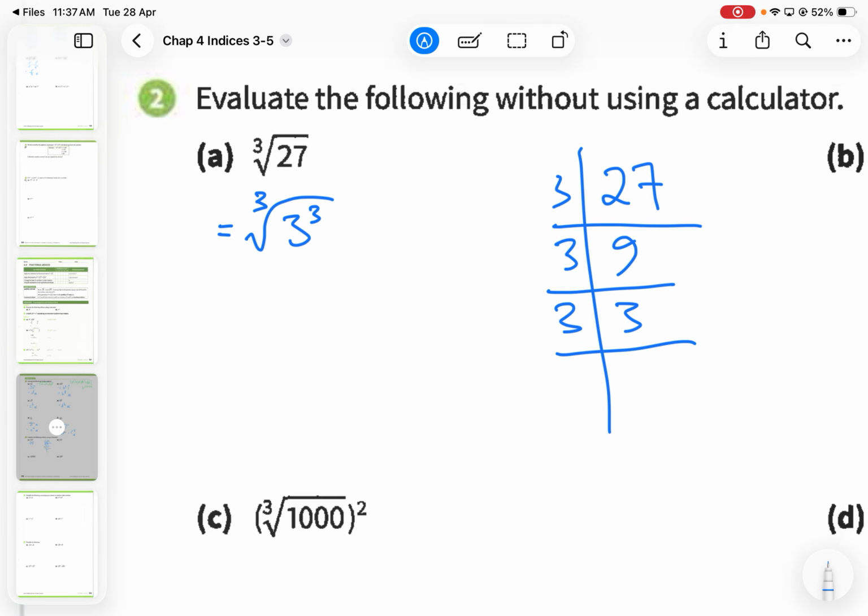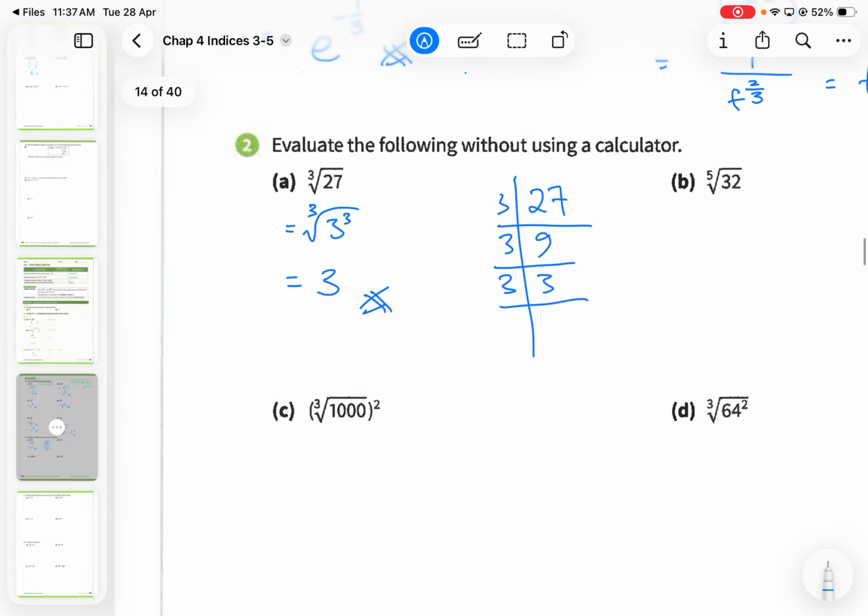Then I can write my 27 as 3 cubed. And then the cube root of 27, because 3 divided by 3 is power 1. Okay? So the prime factorization you learned in Sec 1, you still have to apply it.